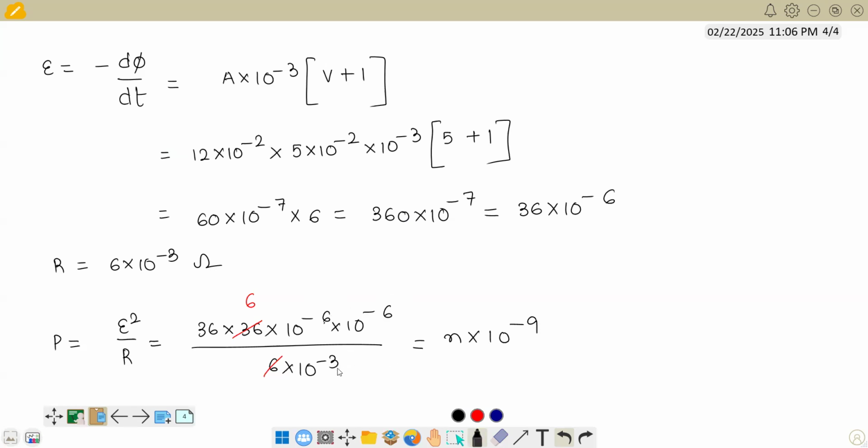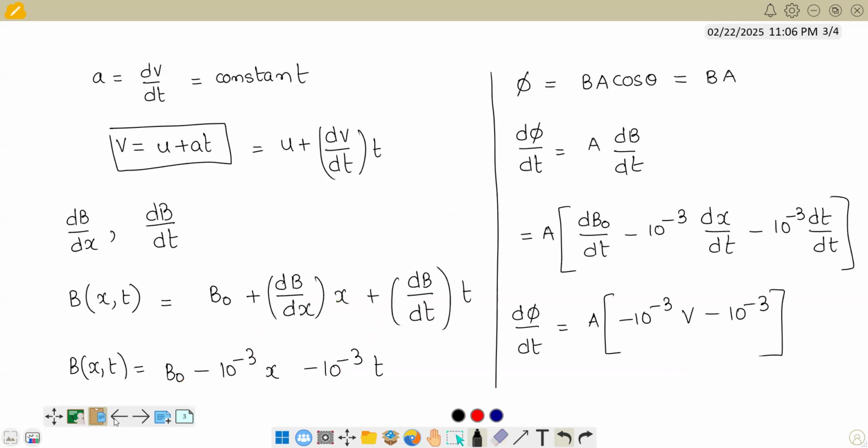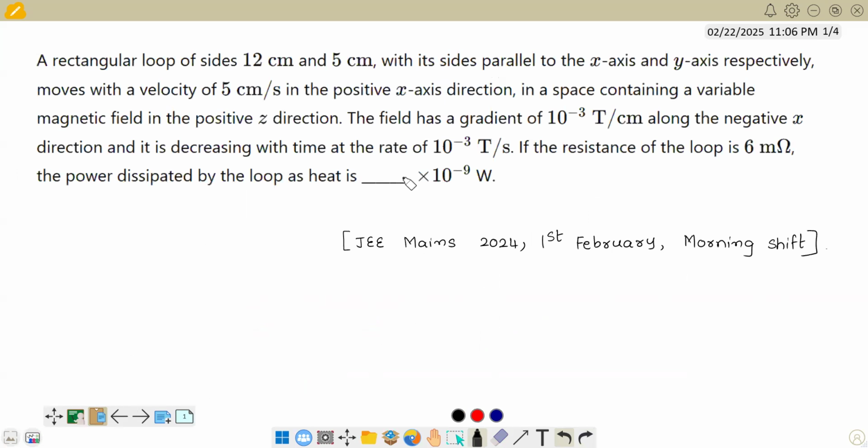In the denominator, 10 power minus 12, and here also 10 power minus 12. So all these we can cancel straight away. So we get N equals 36 into 6, so the N value would be equal to 216. So the correct answer for this problem would be 216 into 10 power minus 9 watt.